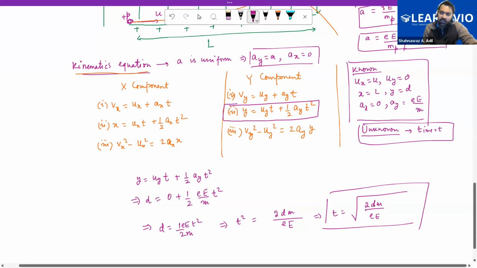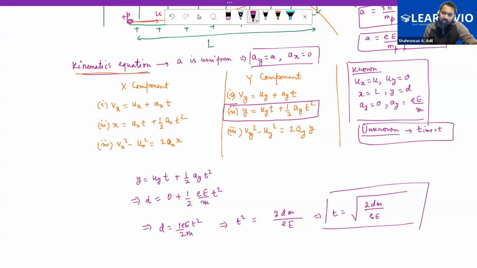You see that this d is constant, this e is constant, this electric field is constant.